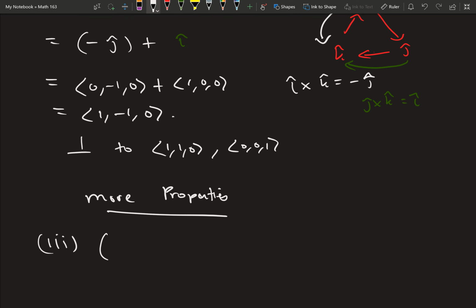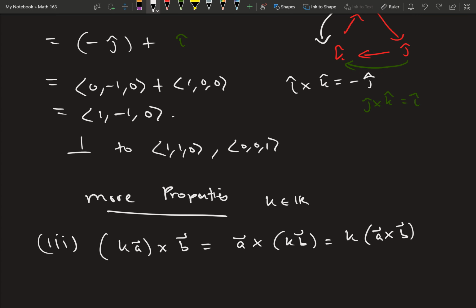If you have a constant, let's call k some constant value, so k times a vector A cross B is the same as A cross kB, and it's just k times the whole overall cross product of A and B. So if an individual vector is multiplied by a constant, then it multiplies the whole cross product by that constant.